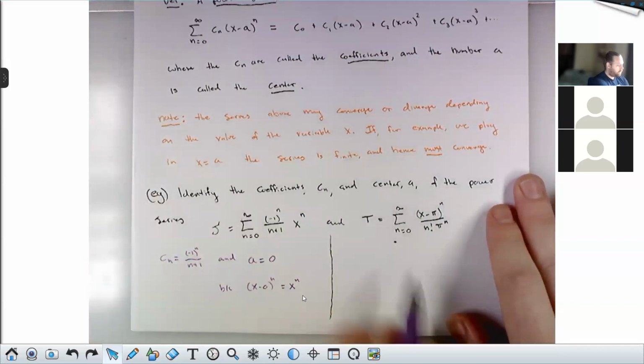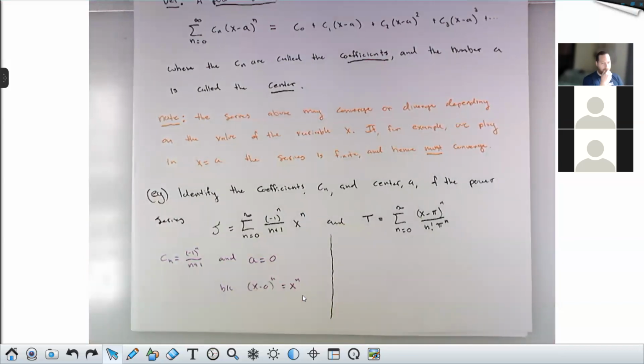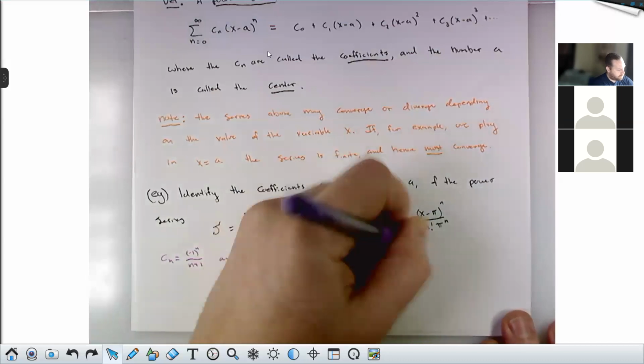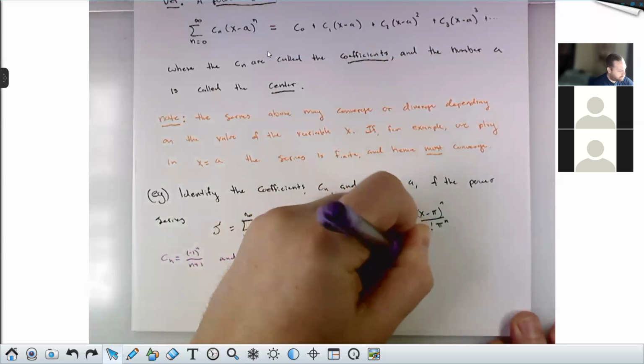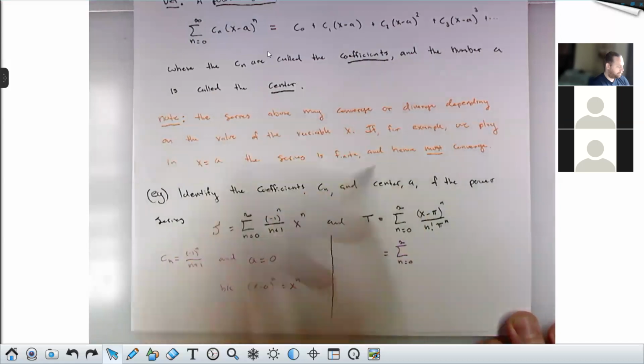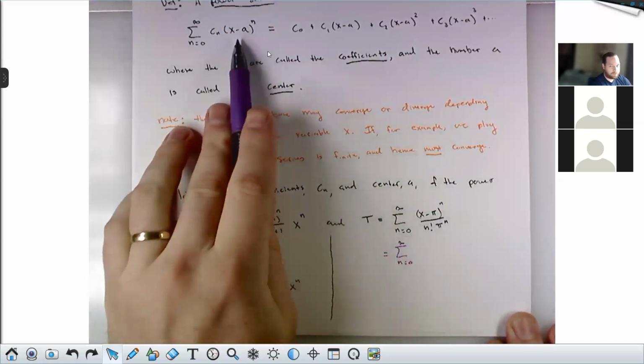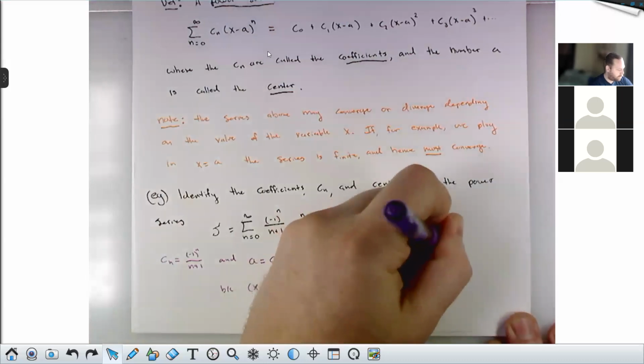All right, let's look at the series T. This one's a little bit harder to spot. I think we've got some work to do here. Maybe it's worthwhile to try rewriting this in a way that looks a little bit more like this. So I'll still have my sigma n from 0 to infinity. The x minus pi to the n looks like this piece, so I'll pull that over here.